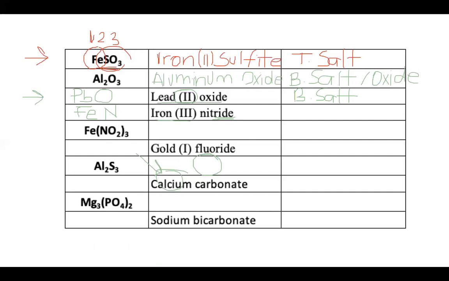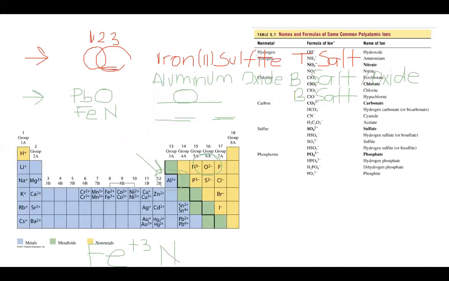We write here, iron, for this example, has a charge of +3. The charge is given by the number that I have in parentheses. And then nitrogen. If I go to my periodic table, I will see that nitrogen has a charge of -3 because it's in group 5, okay?